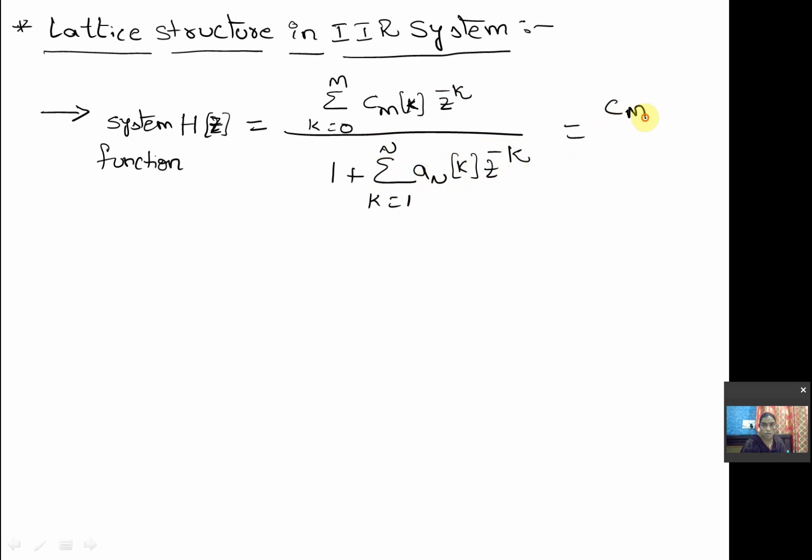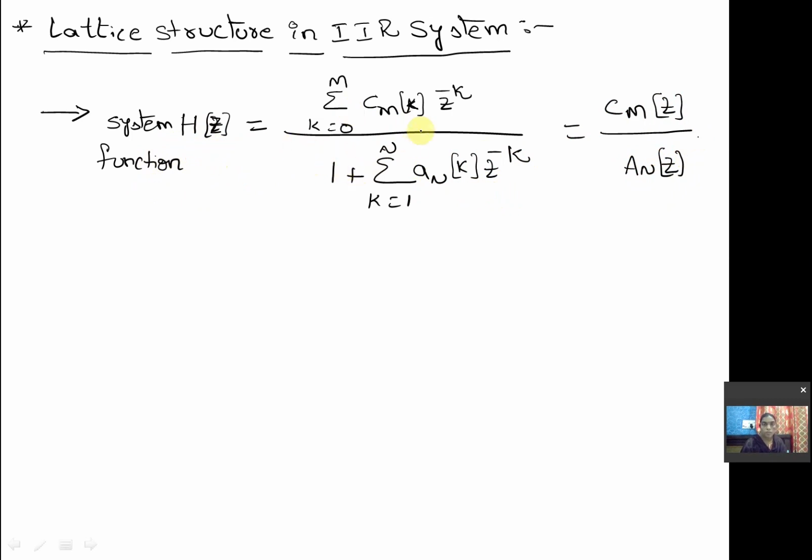So let the numerator be Cm of z, and this is nothing but let it be a n of z.